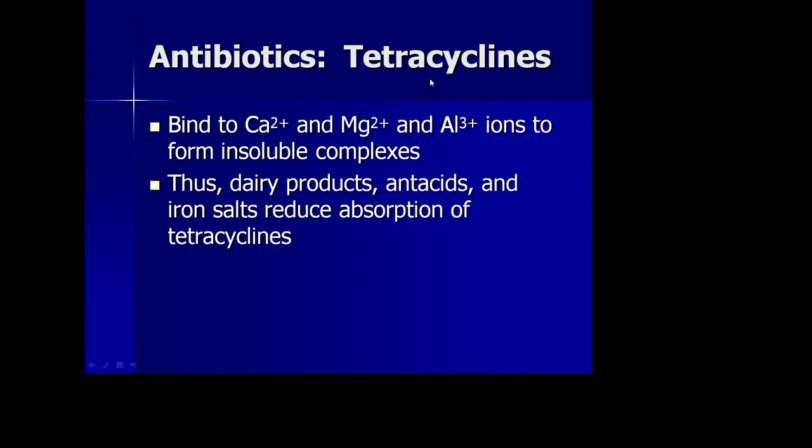If I talk about the complications of tetracycline, tetracycline forms chelates with calcium, magnesium, and aluminum ions, so it forms an insoluble complex. Therefore the antibiotic tetracycline should not be taken with milk or dairy products, antacids, and iron salts, because they form chelates with the tetracycline antibiotics, right?